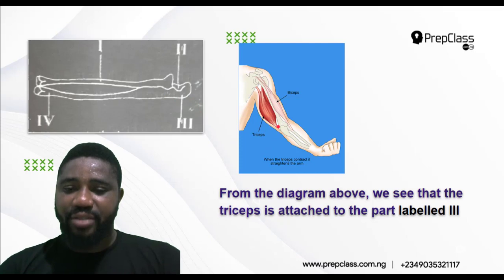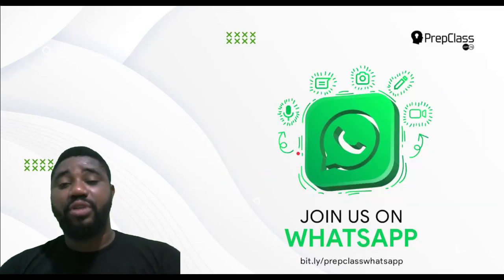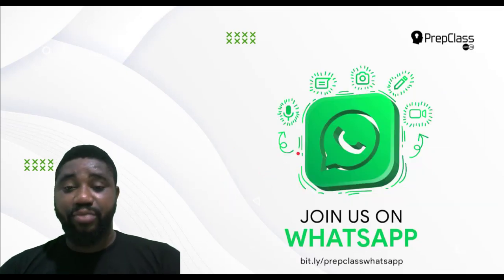You can see it from here, right? So the part labeled 3 is the correct answer. So for option number 10, the correct answer is option C, part labeled 3.